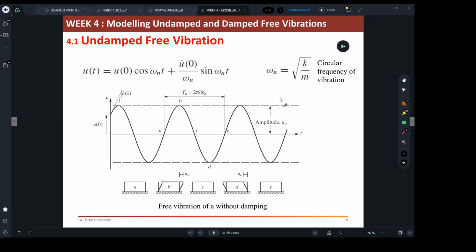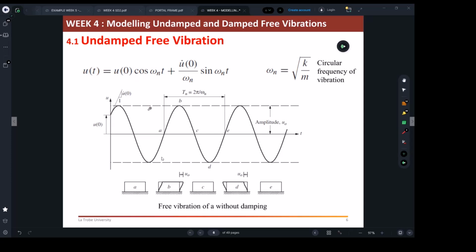Now, what does this represent? This represents a system which is freely vibrating with no damping. So that means it is a structure which is going to be dancing forever, or vibrating forever, which is not real. You always got some sort of internal friction. Even if there are no damping devices, there is going to be friction between joints, whatever, that will take things down. So that's why I'm saying it's not real.